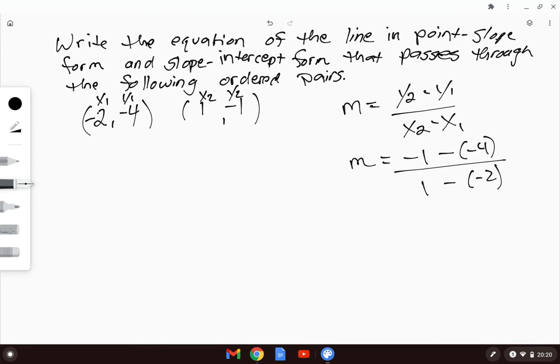All right, so two negatives make a positive. So I'm going to have here actually -1 plus 4 over 1 plus 2. So -1 plus 4 is going to be a positive 3, and 1 plus 2 is going to be 3. So here my slope just equals 1.